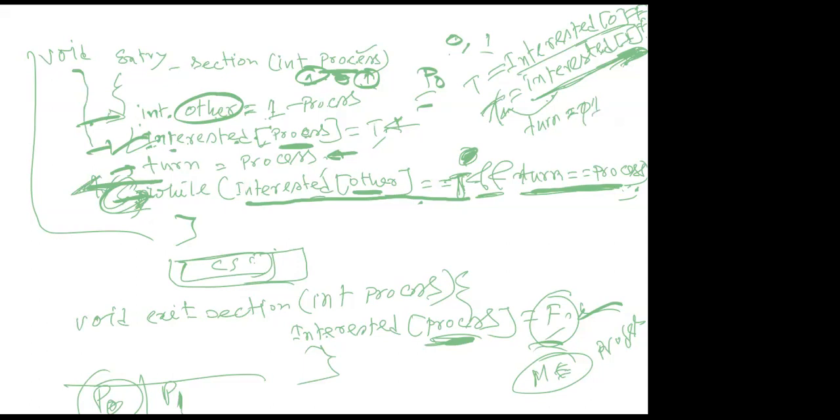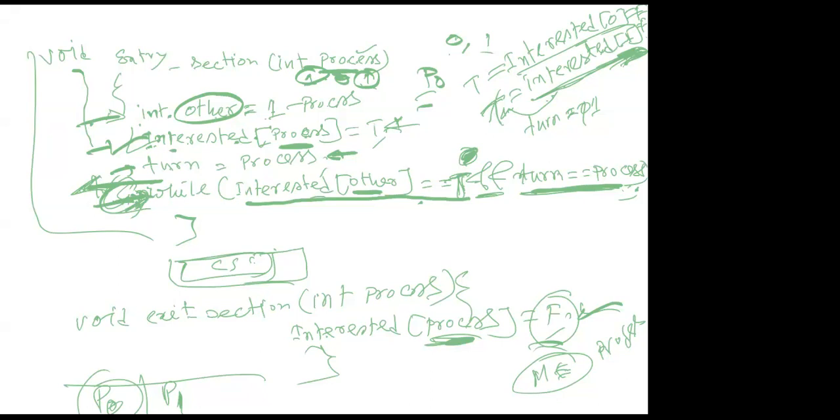Then it executes the while loop. It sees that the other is interested, and turn equals 1, so it executes the while loop once. No process has entered the critical section, but it is executing this while loop. Let's check whether it can actually wait for an indefinite time or not.